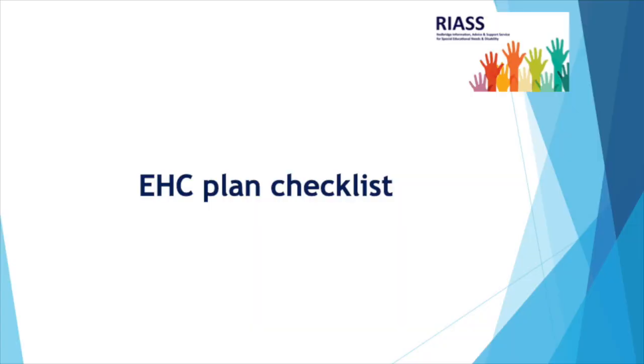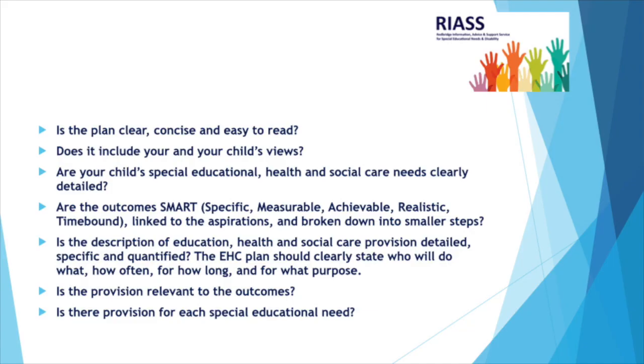EHC plan checklist. Things to think about whilst reviewing and completing an EHC plan are: is the plan clear, concise and easy to read? Does it include the parental, carers and the child or young person's views? Are the child or young person's special education, health and social care needs clearly detailed? Are the outcomes SMART?